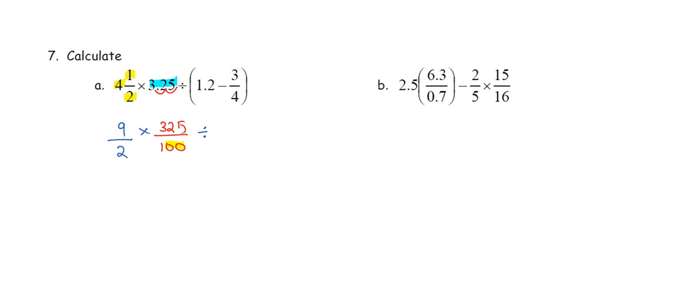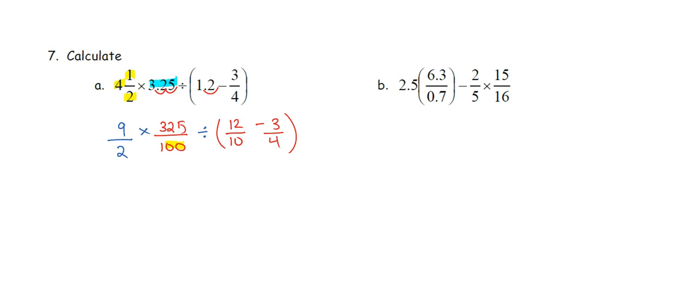Divided by 1.2, I move the decimal spot 1 place over, and that gives me 12, and then I divide that by 10, then minus 3/4. So that's step number 1: just change everything in terms of a fraction, and then after that we can start simplifying this complex problem.